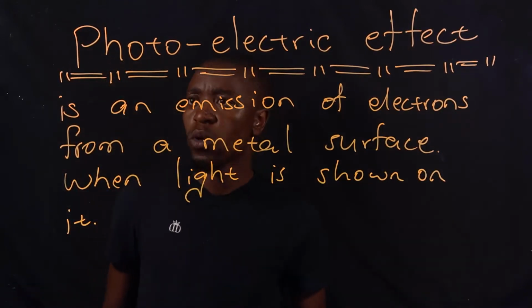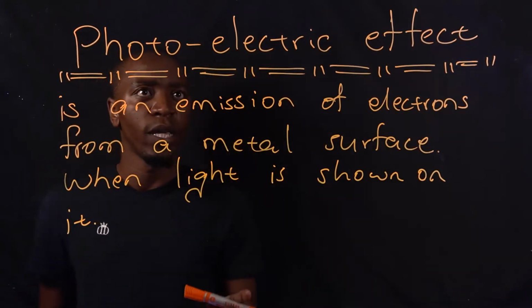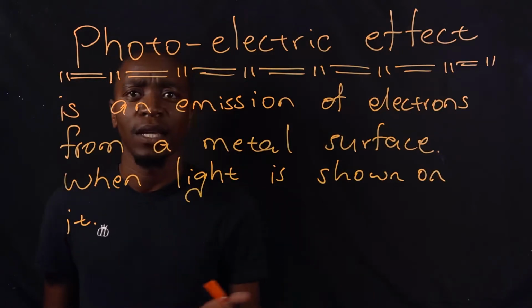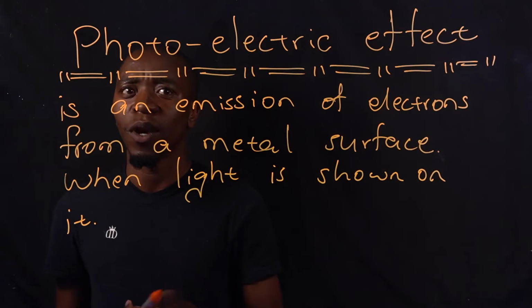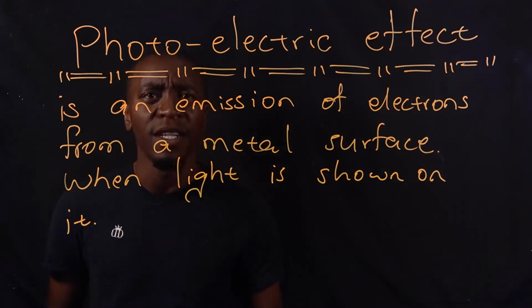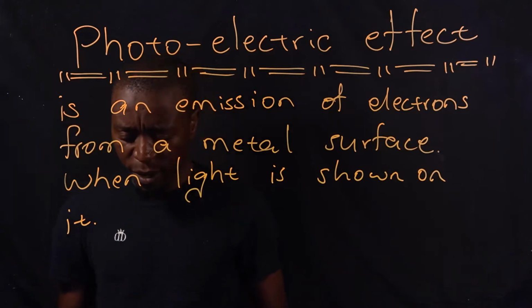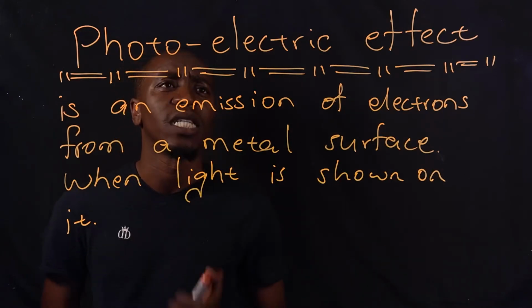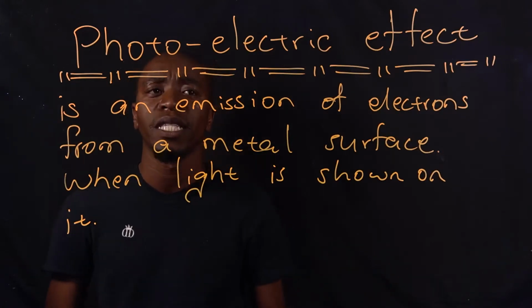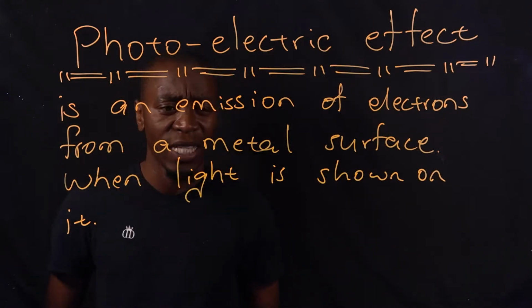So in essence, when you shine light on a metal, you get electrons. It's more like when you sit on a streamline on a very sunny day. You will feel there's too much heat on it. So basically what happens is electrons move from a metal surface to what we call an excited state.